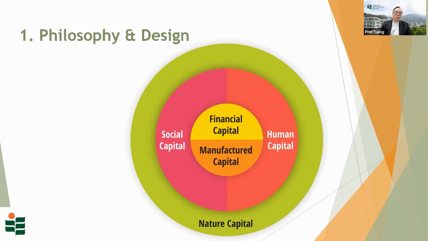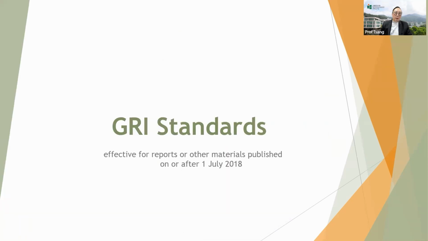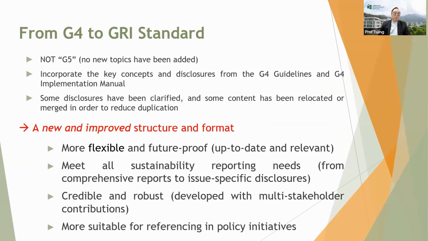Now, everything goes well. After implementation, we will try to develop a reporting system. Now, in the next 2 years, we'll spend our effort in developing a reporting system for our university based on the Global Reporting Initiative, a common initiative used by a lot of institutions around the world called GRI standards.